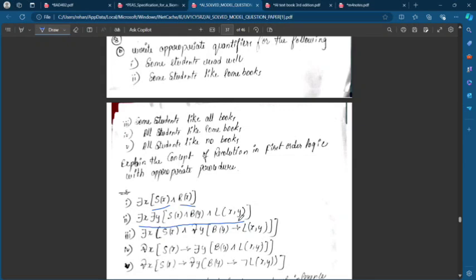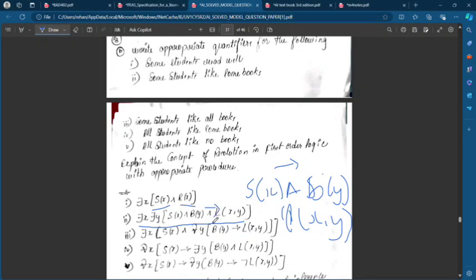I don't feel this is completely correct. Some students like some book, right? Student of x and book of y implies likes x comma y.